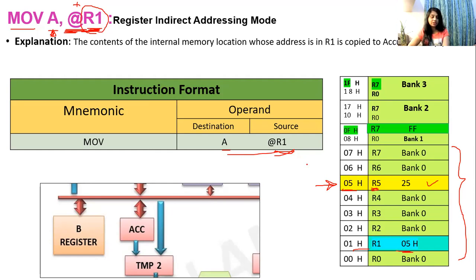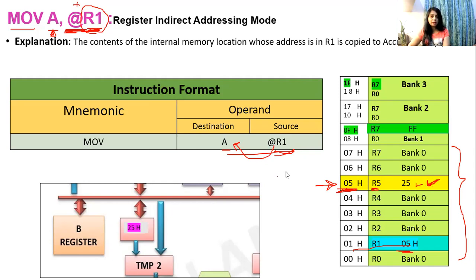This instruction will transfer the contents of this memory location, whose address is in R1, into the accumulator or register A. So after execution of this instruction, this 25 will get transferred into the accumulator. Again, remember that it is a copy paste operation. So this 25 will also remain in R5.